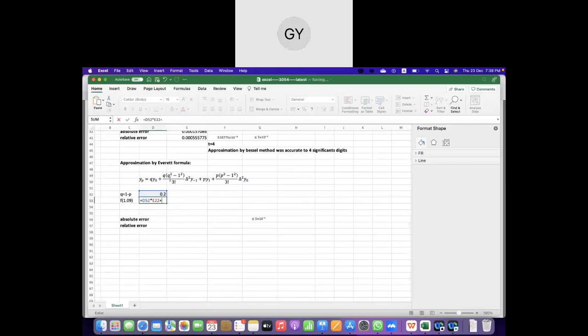Then we plus q times (q squared minus 1) divided by 3 factorial, then times the second difference delta squared y minus 1.